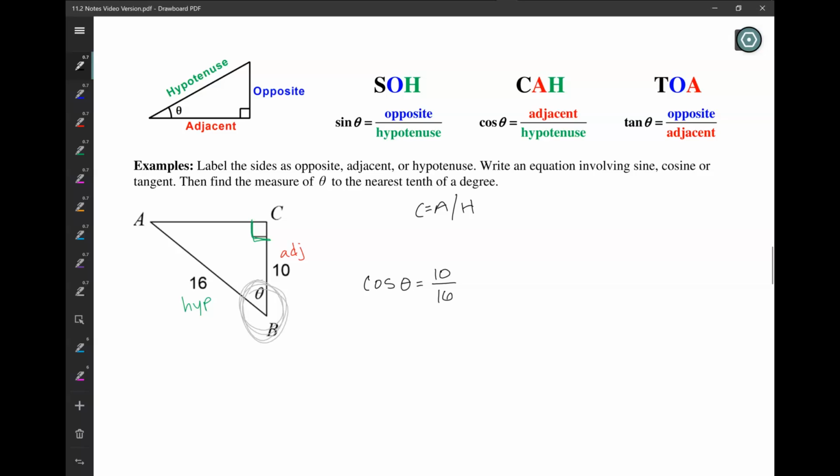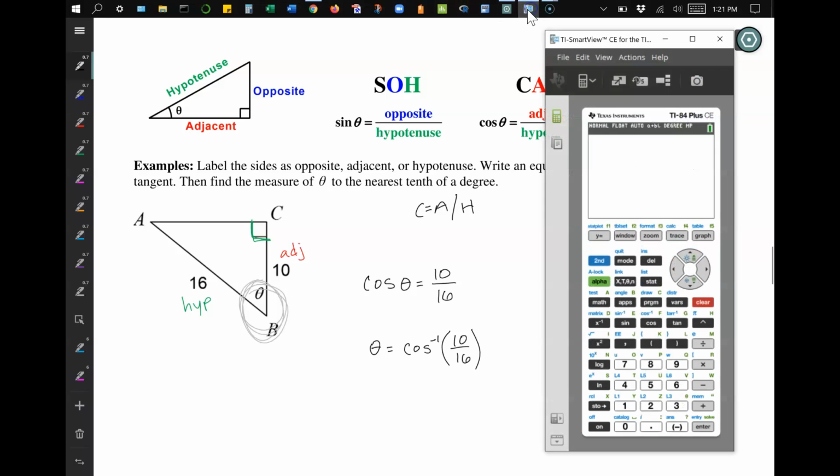And now I want to use that to figure out how big theta is. So here's where I'm going to use the inverse function. If I want to know how big theta is, what I'm going to say to my calculator is, hey calculator, the cosine is 10/16. And the way I do that is by typing inverse cosine of 10/16 into my calculator.